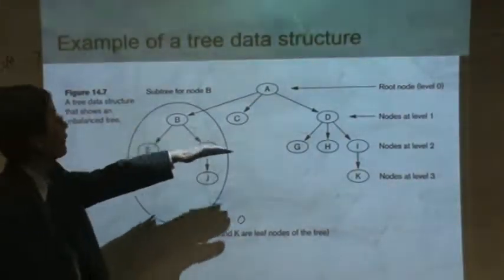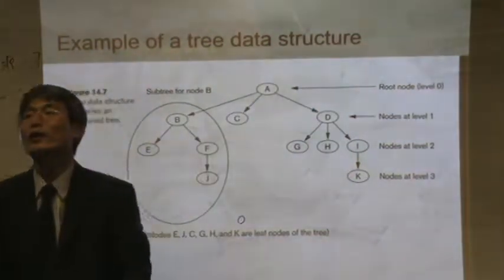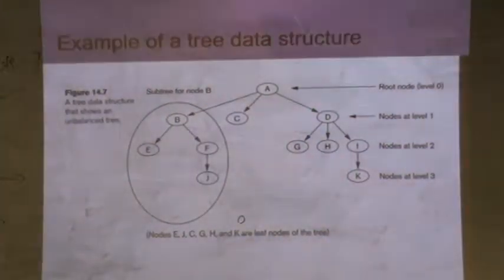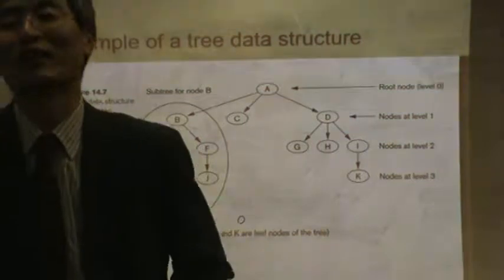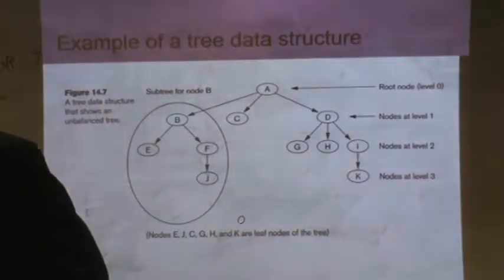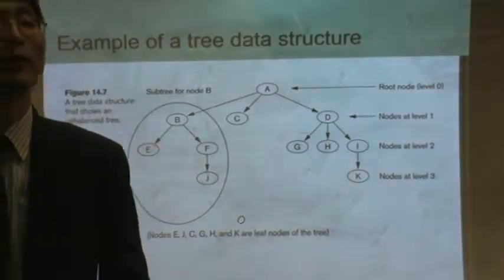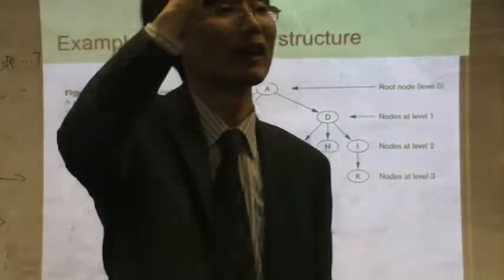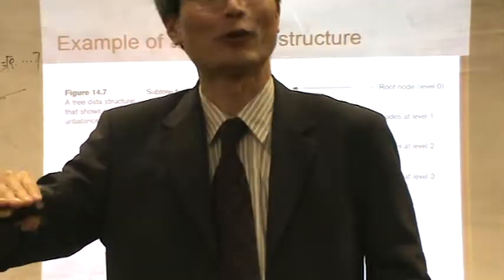If we make higher and higher levels, it will eventually be a tree structure. What is a tree? It's a data structure. It has nodes. How many different types of node? Root node, internal node, and leaf node.